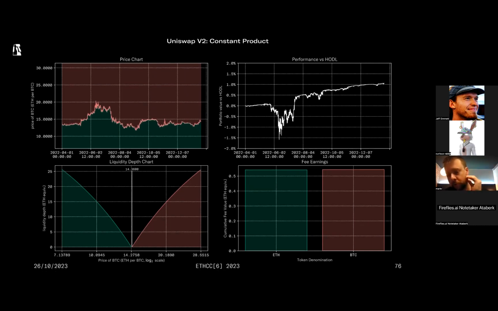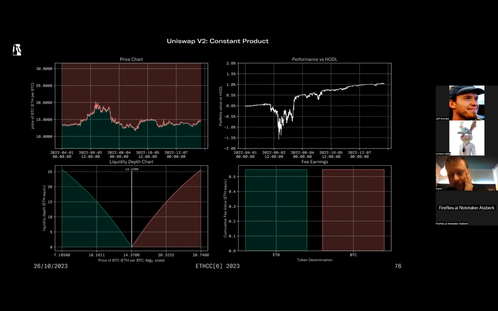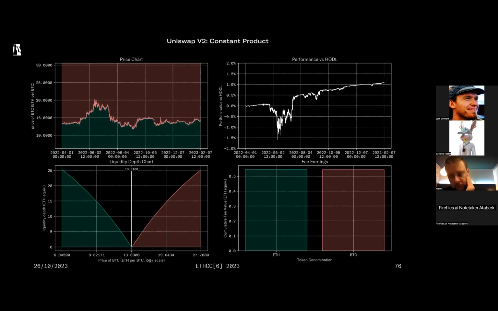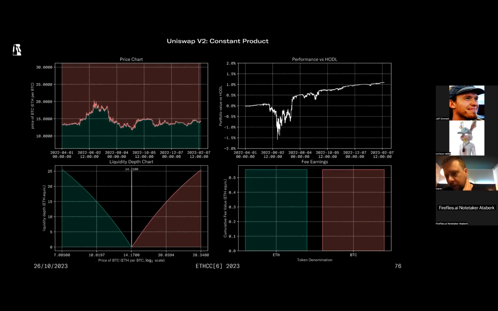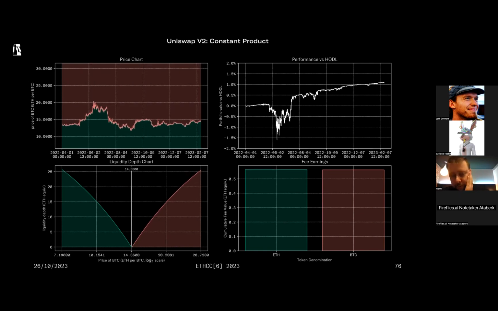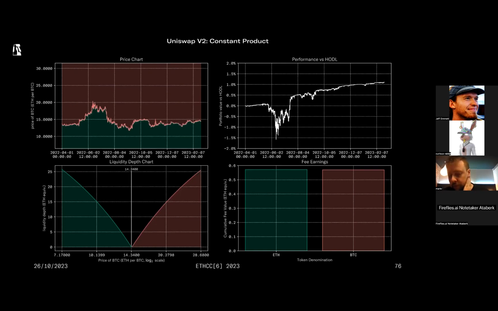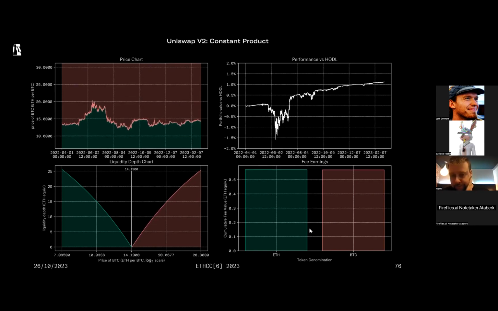Basically, there's so much liquidity around the current market price that it's very, very difficult for anyone to move it. Whereas typically with things like Bitcoin and Ethereum, the books are a lot thinner, and so market movements can have much more catastrophic effects on the price.